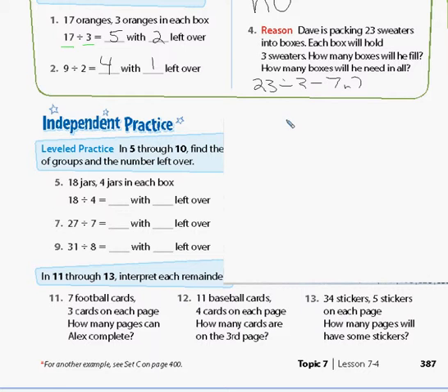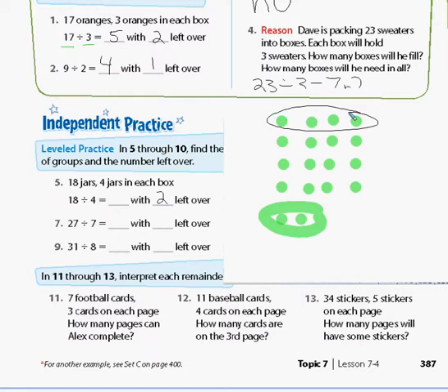1, 2, 3, 4, 5, 6, 7, 8, 9, 10, 11, 12, 13, 14, 15, 16, 17, 18. Okay, that's my remainder right there. So I have a remainder of 2 left over. Okay, and how many boxes do I have?